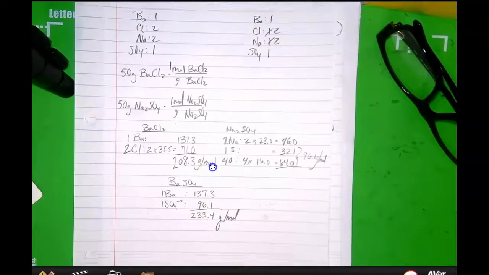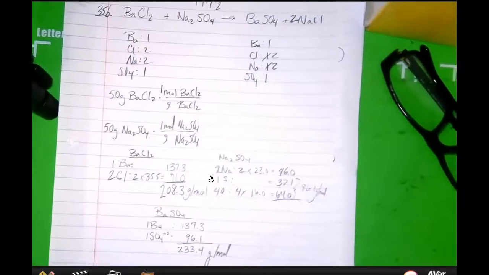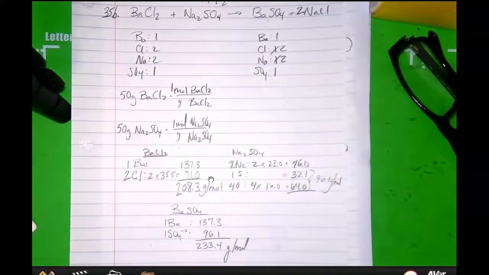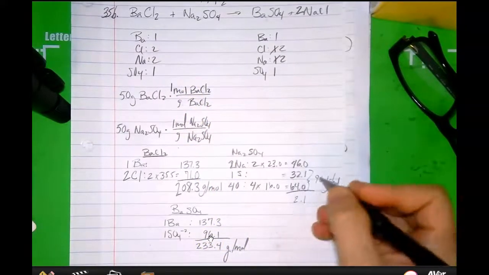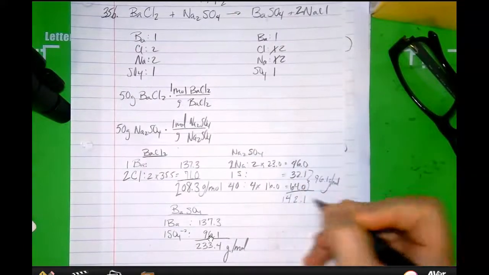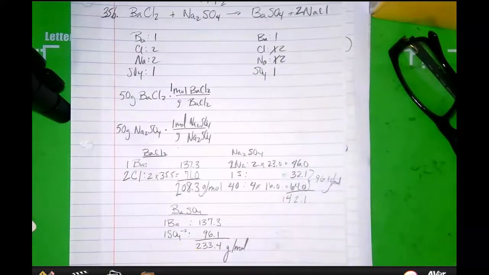We're going to have to convert to grams of barium sulfate ultimately for both of these. So I took the liberty of doing that. And I'm going to add this up while I'm over here. So now we have all the molar masses we need.